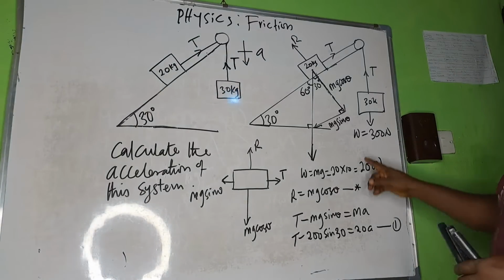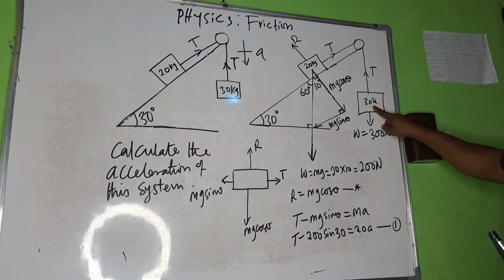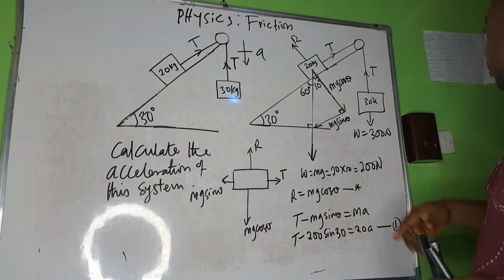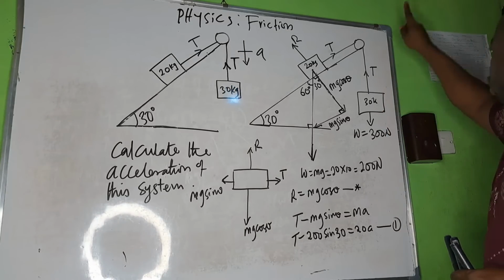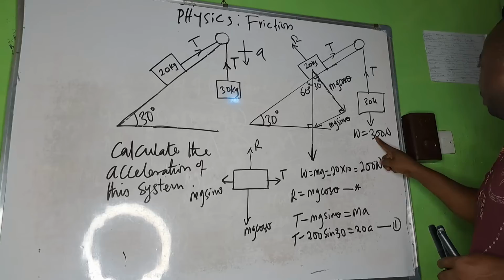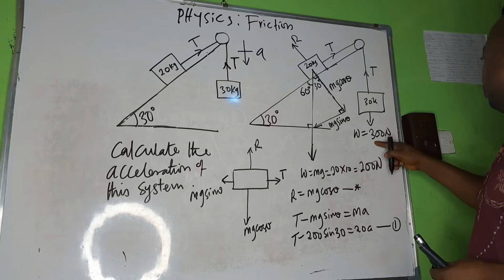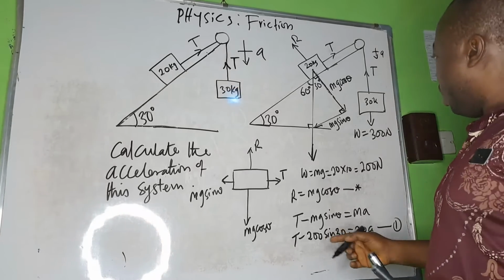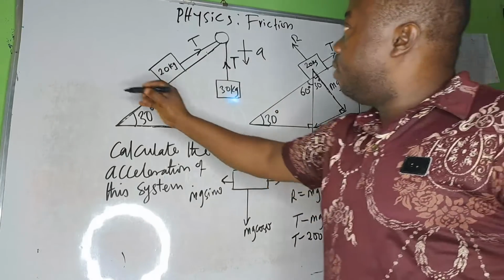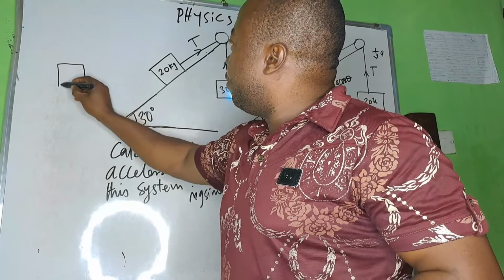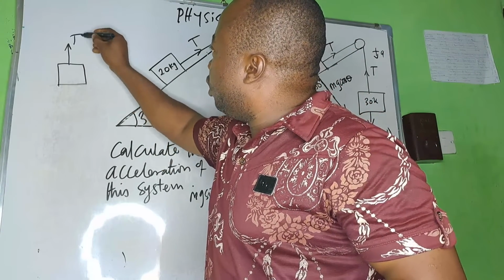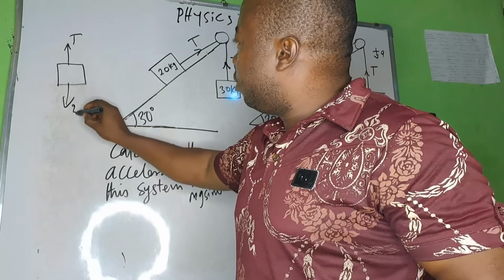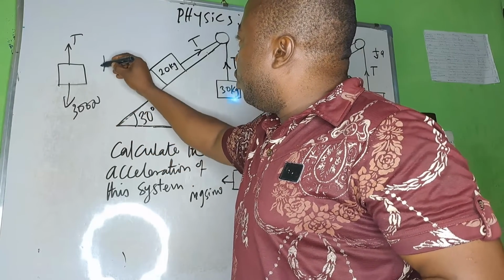Okay, now with respect to this mass, we just have two forces, tension up and the weight downwards. Of course, we know acceleration is in this direction. So we resolve this one. We have up is tension, down is 300 Newton, and the acceleration is in this direction.